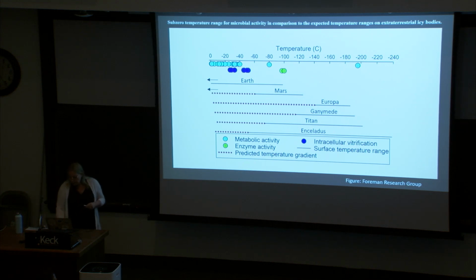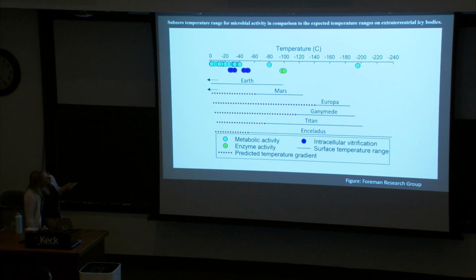And so when we look at this schematic that we pulled together, we can see, based upon metabolic activity, these teal circles here are different studies in the literature showing metabolic activity down to those temperatures. And again, this minus 196 is the lowest one that's been published in the literature.